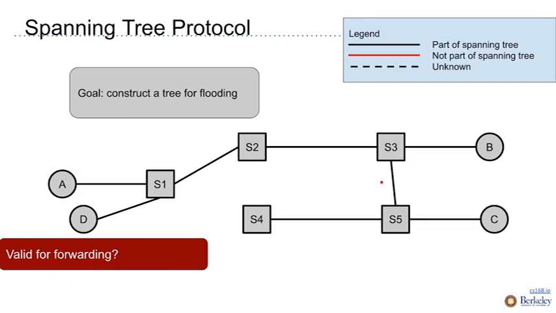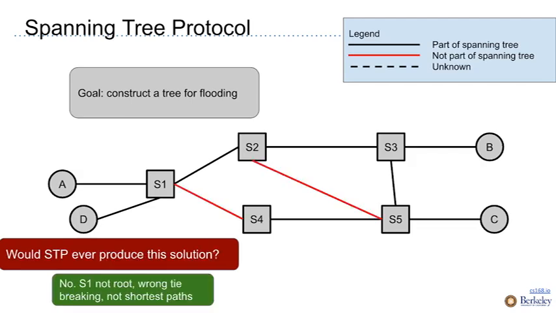This would be a better picture with the other loops, just nothing there. This is valid, right? Yeah. Would the spanning tree protocol that was described in lectures produce this?